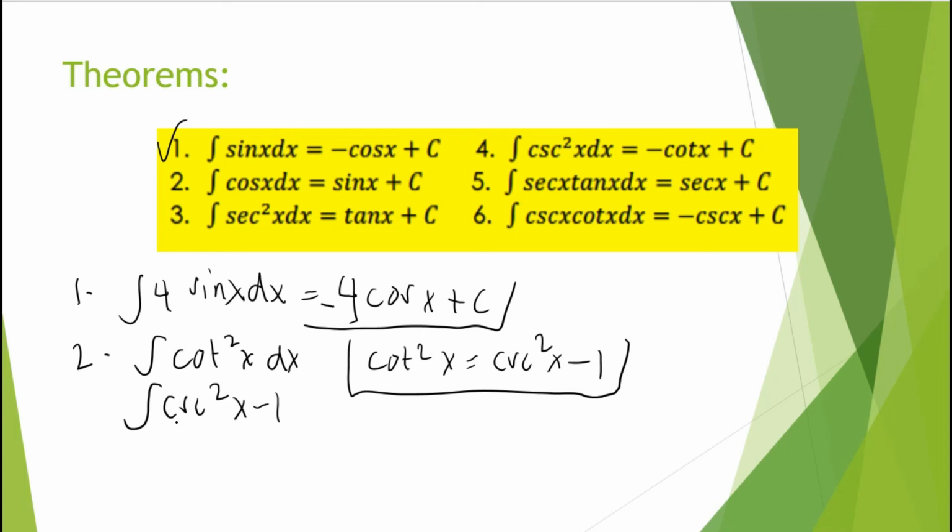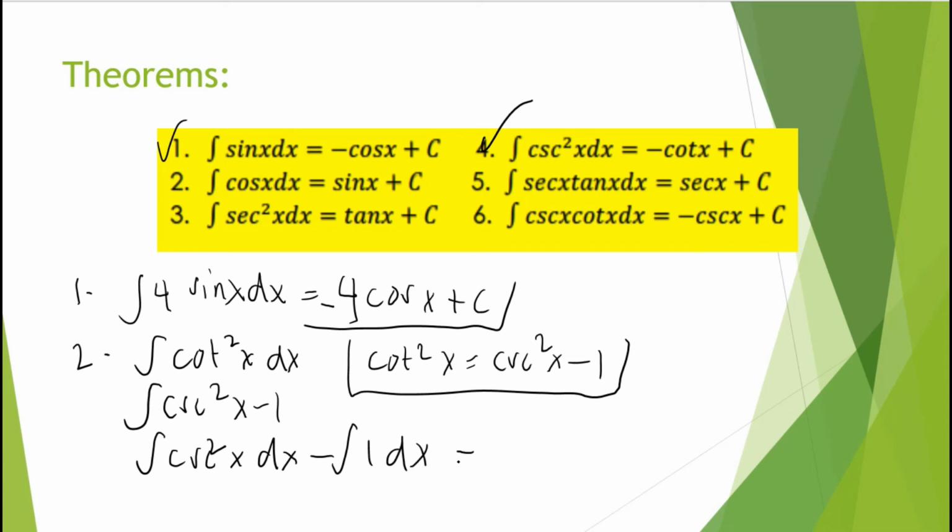Makikita natin kasi yung cosecant squared dito sa number 4. Now, ang gagawin natin, we integrate each function: integral of cosecant squared x dx minus integral of 1 dx.